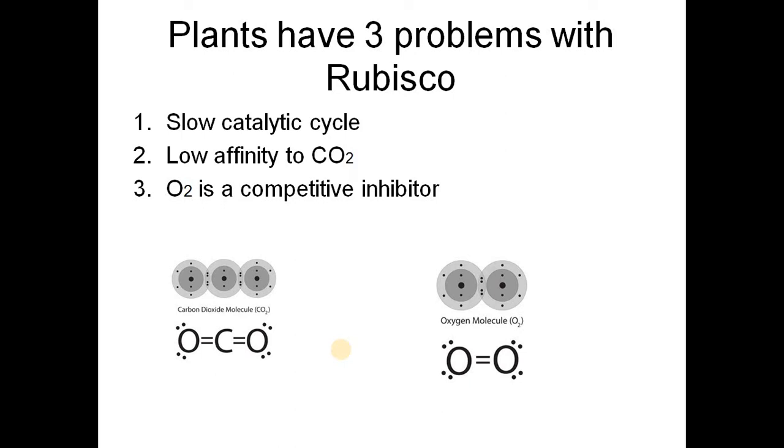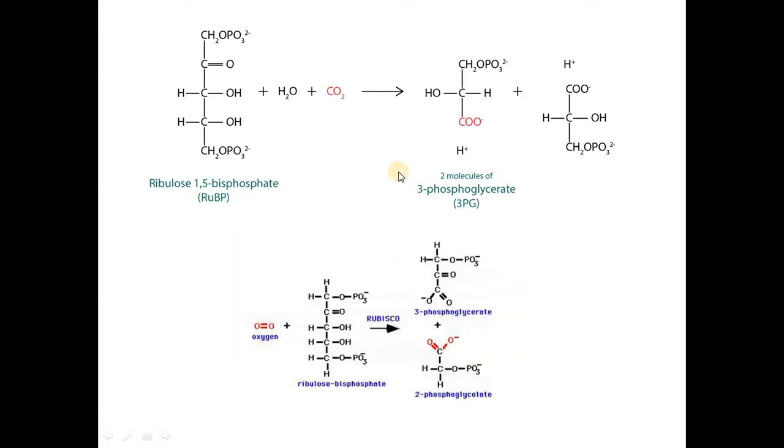It gets confused when there is CO2 and O2 in the air, because Rubisco doesn't differentiate the double bond between CO2 and oxygen molecules. To Rubisco, these are completely the same. So instead of carbon dioxide, Rubisco can accidentally fix oxygen.